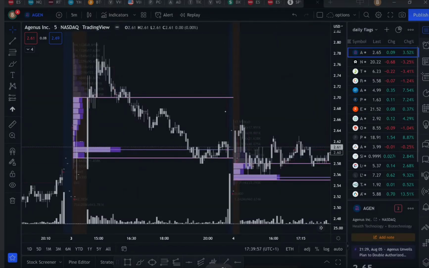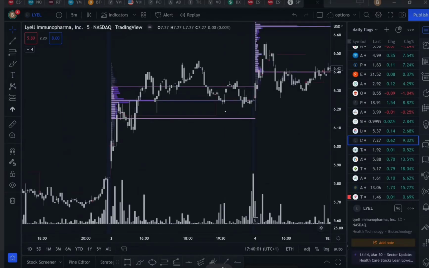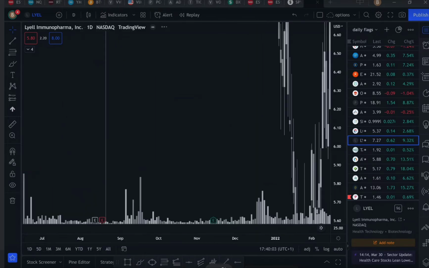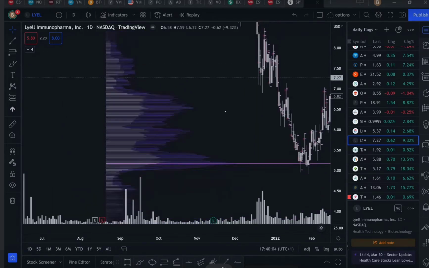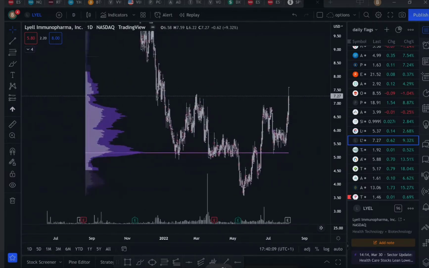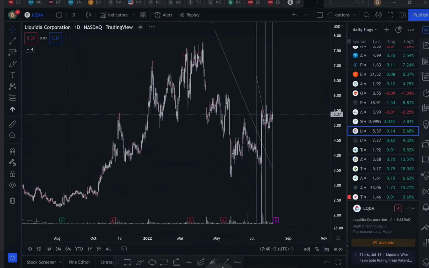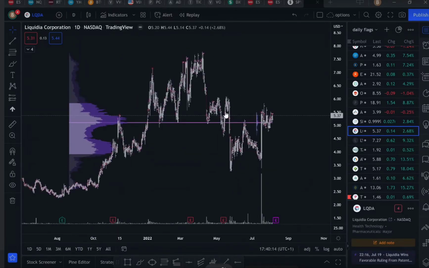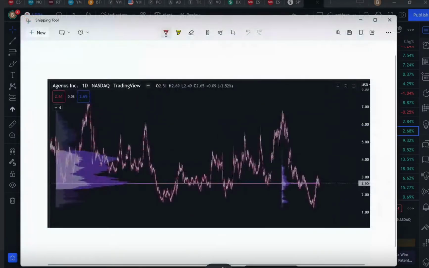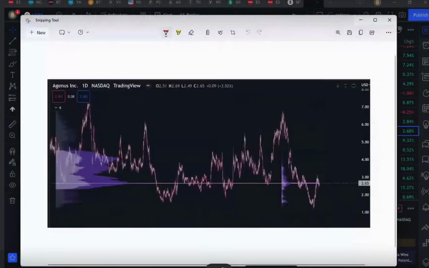Right, so agents in. I'm trying to find ones that haven't moved yet. What's the chances of that? There we go, this one's not moved. QDA, be our second one.